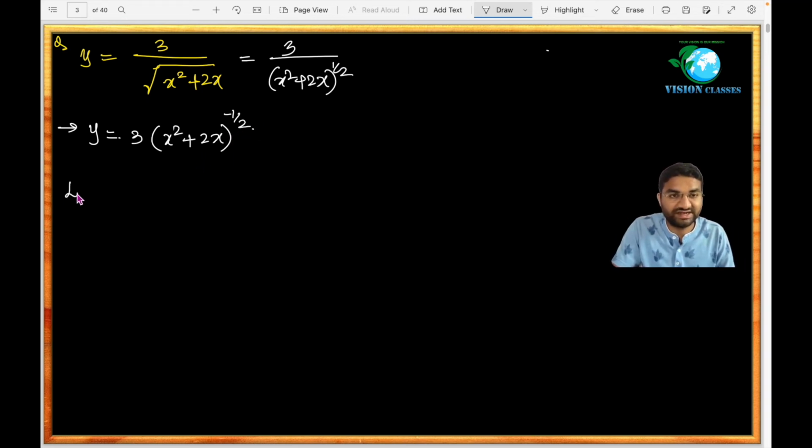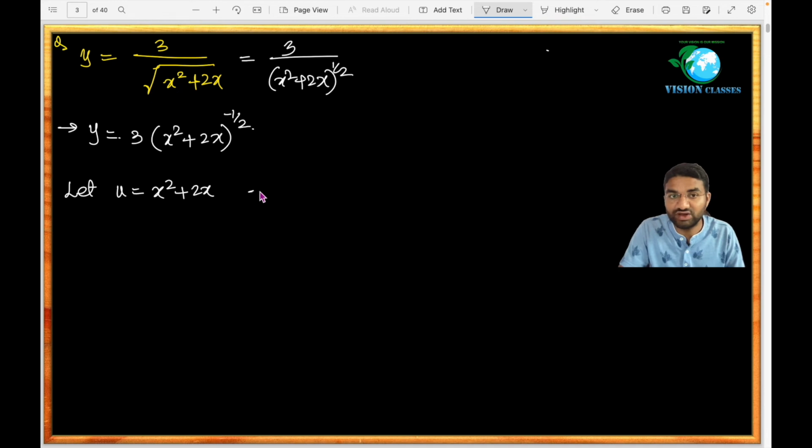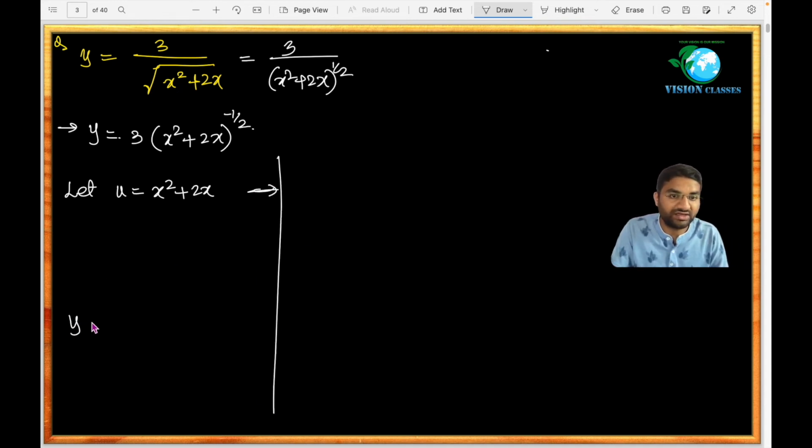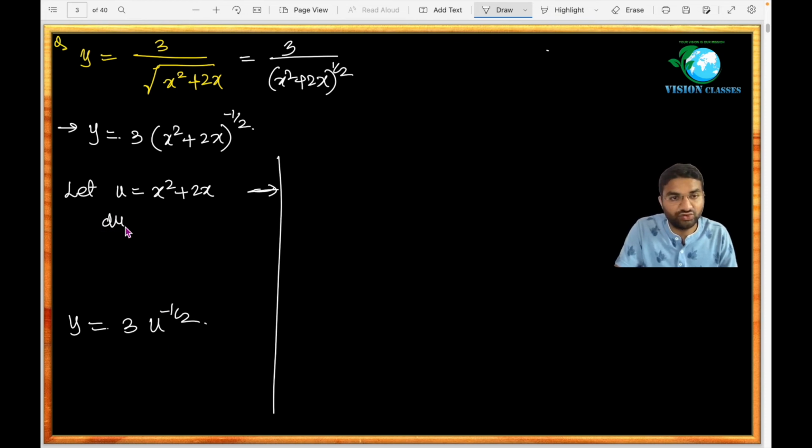Now first let's assume u is equal to x square plus 2x, then your function y will be y is equal to 3 u raised to negative 1 by 2. Fine, so differentiate this u with respect to x, du by dx is 2x plus 2.